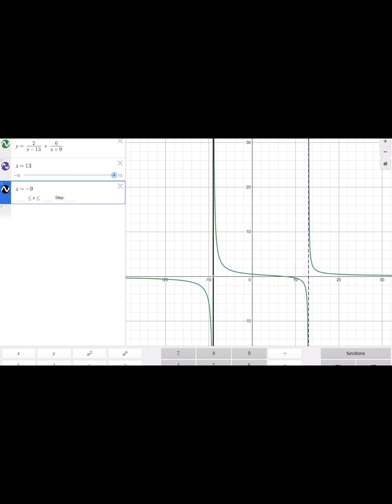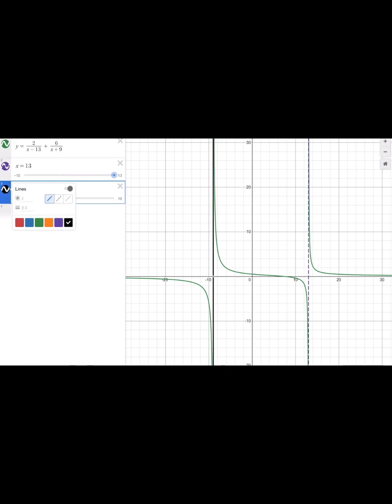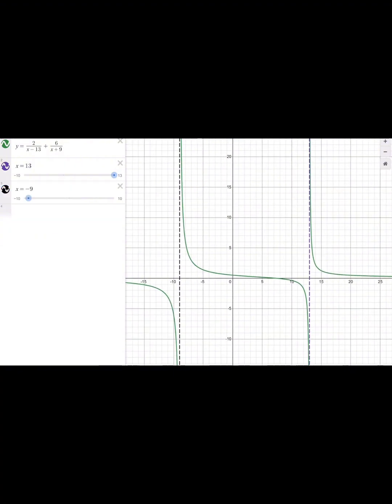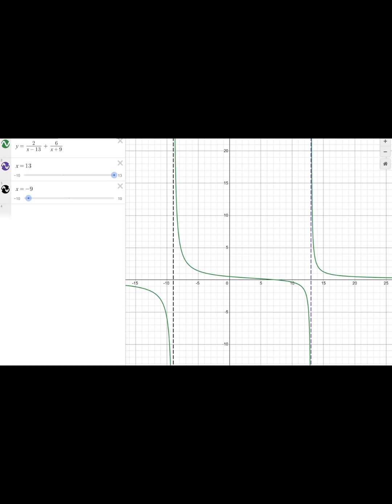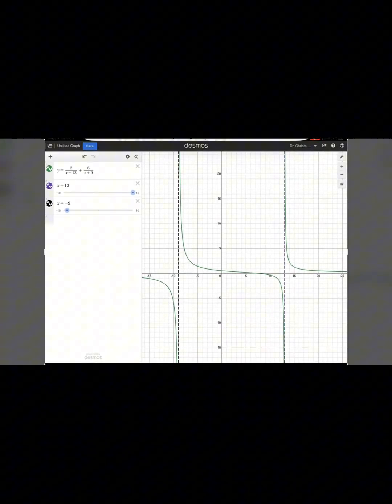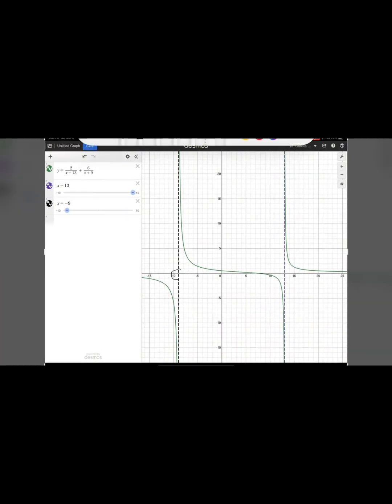And then if x is equal to -9 as well, I changed it into a dotted line. You see that there's an asymptote there, it does not cross. Please use your book to read about asymptotes and what they actually mean. Then I circled for you where those asymptotes are.